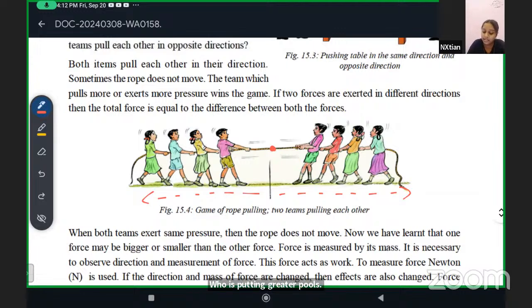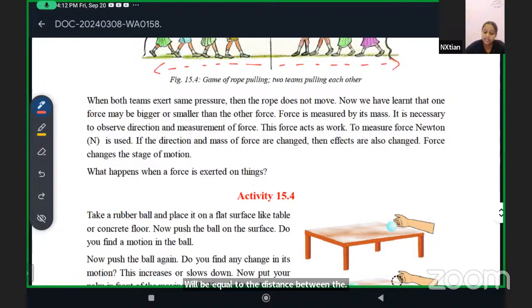Now, if two forces are exerted in different directions, then the total force is equal to the difference between both the forces. When both exert the same pressure, then the rope does not move.